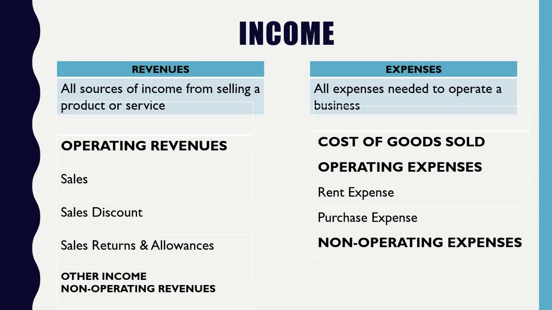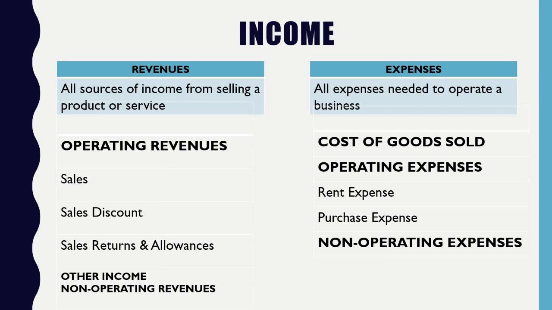Now, your revenues absolutely have two categories. In this case, we kind of refer to them as three, but other and non-operating revenues are more or less interchangeable. So again, what is a revenue? A revenue is a means for you to generate income for your business. So what is the main core of operations when you do generate revenue?